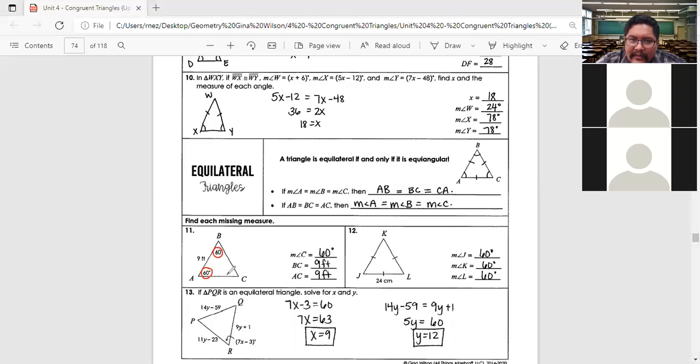What would this one be? Well, it has to equal 180, so that would mean that this would also have to be 60 as well. Now, if they are all equiangular, that must mean that it is equilateral, so the length of the sides is also 9 feet. And that third angle was 60 degrees.